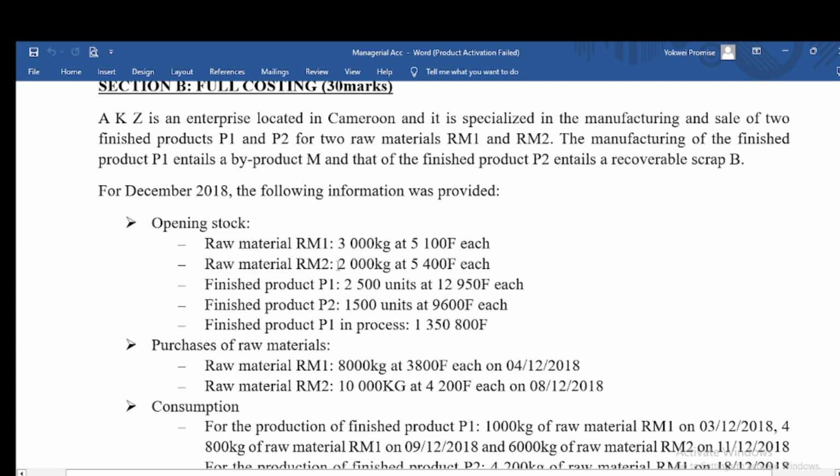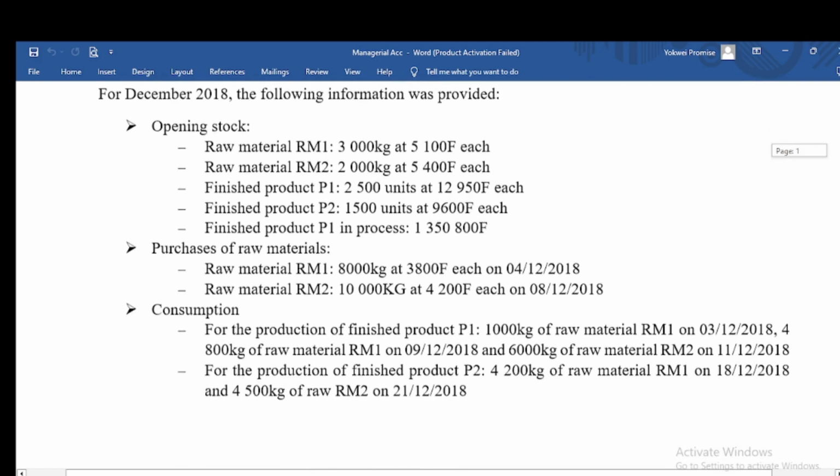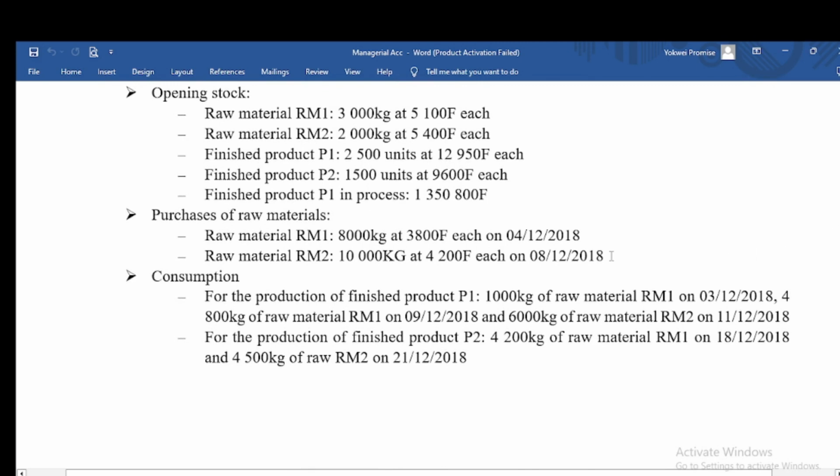And the next is consumption, and consumption is on the 3rd of December. They consume how many units? 1000 units, right? Please take note, 1000 units. And then the next is on the 4th of December.